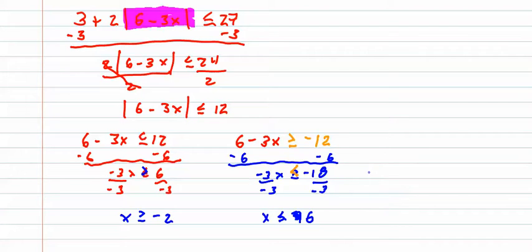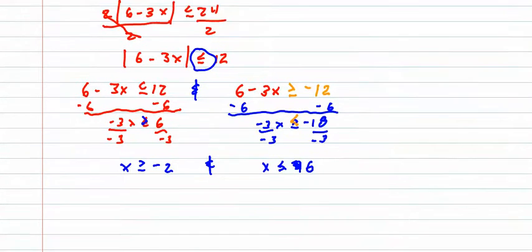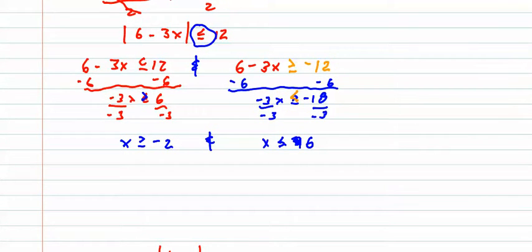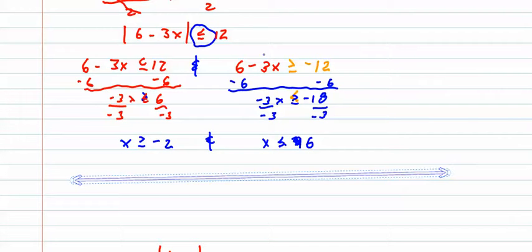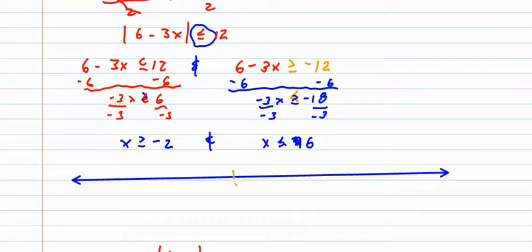All right, now go back to the original inequality. Notice that this is a less than. That means this is an and situation. So we write our and in there. And now we graph it. So I have 0 in the middle. Doesn't have to be.